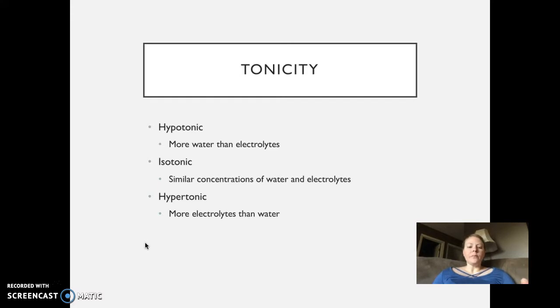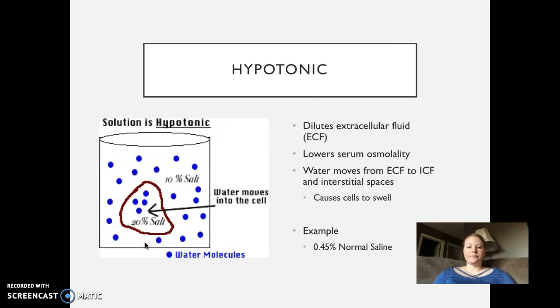Isotonic has similar concentrations of water and electrolytes. So we're going to have osmosis in both directions equally. And then hypertonic, we have more electrolytes than water. So say they're hyponatremic, and we need to correct this. We'll talk about this a little more in each slide.